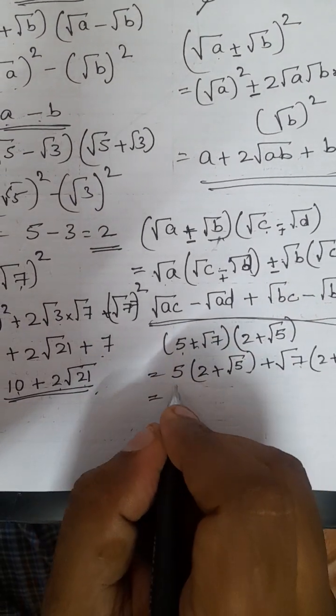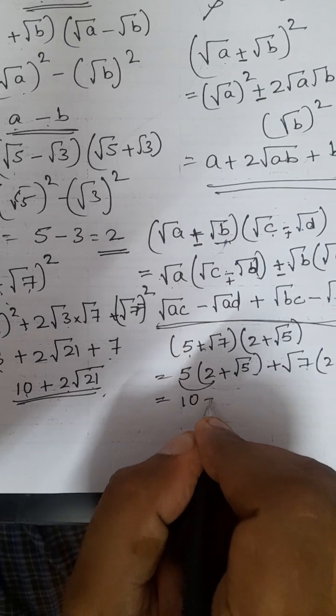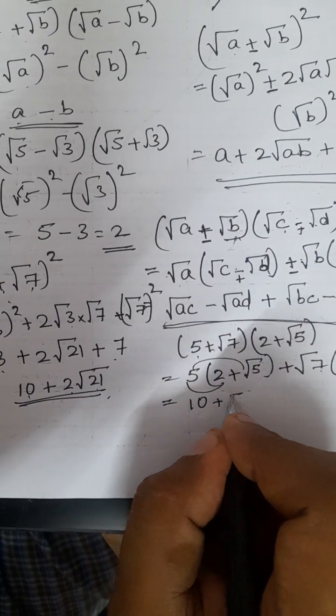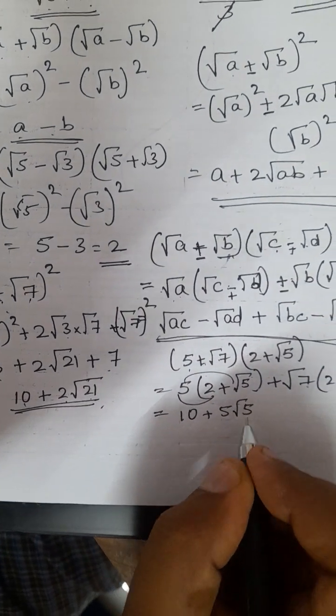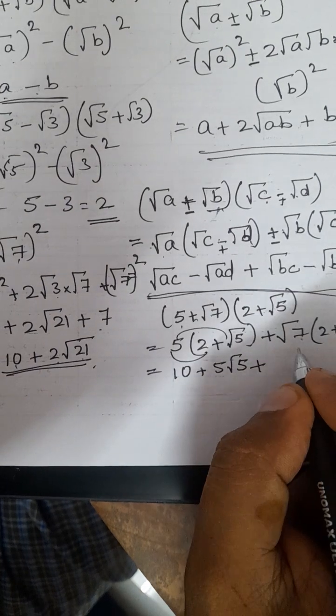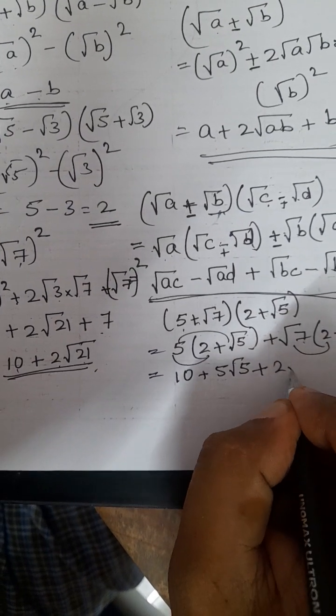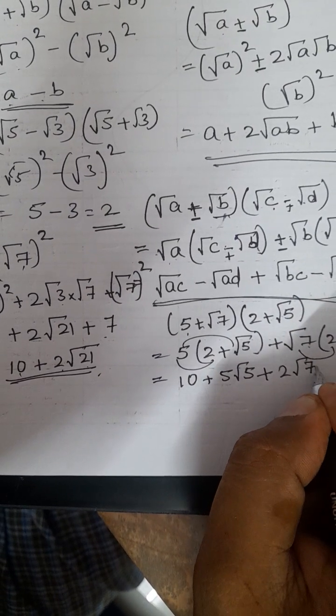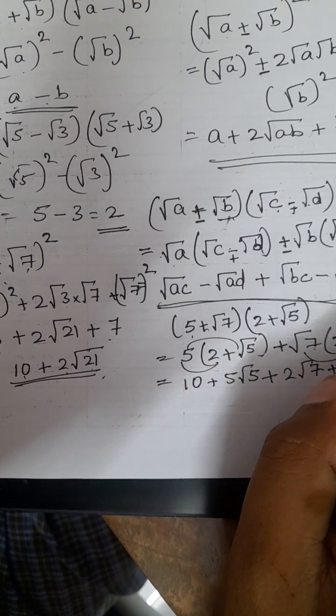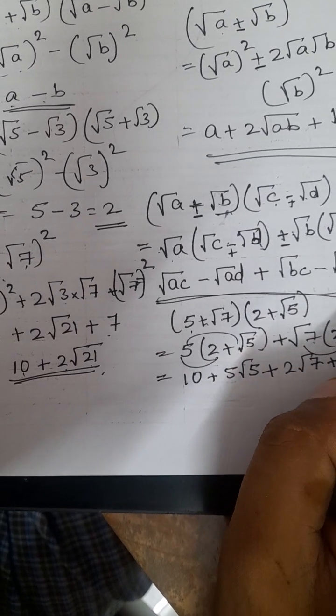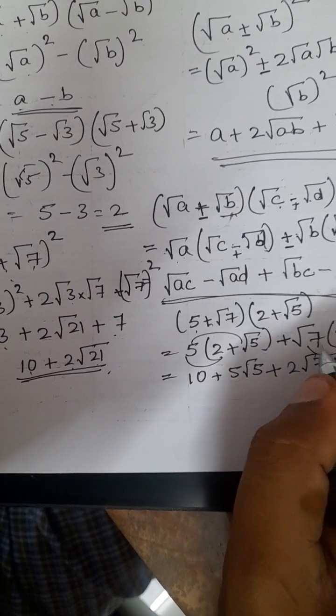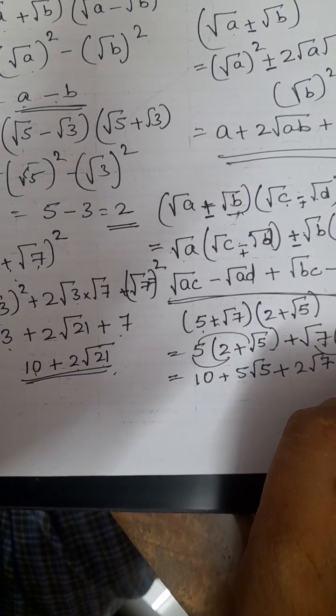So this is equal to 5 twos are 10 plus 5 root 5 plus this will be 2 root 7 plus root what? 7 into 5, 35.